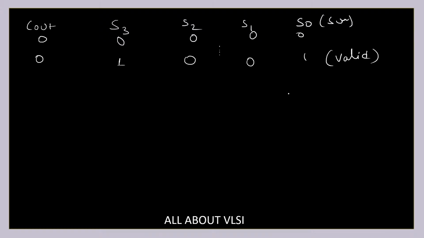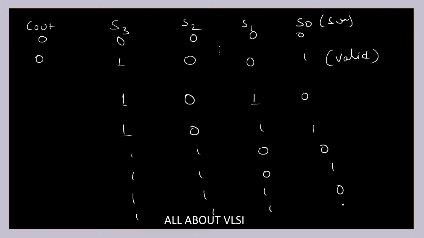Now, from 10 to 19, these are all invalid. So what do I mean? 10 is nothing but 1010, 1011, 1100, and 1101, 8 plus 4 is 12, plus 1, 13, 14, and 15.